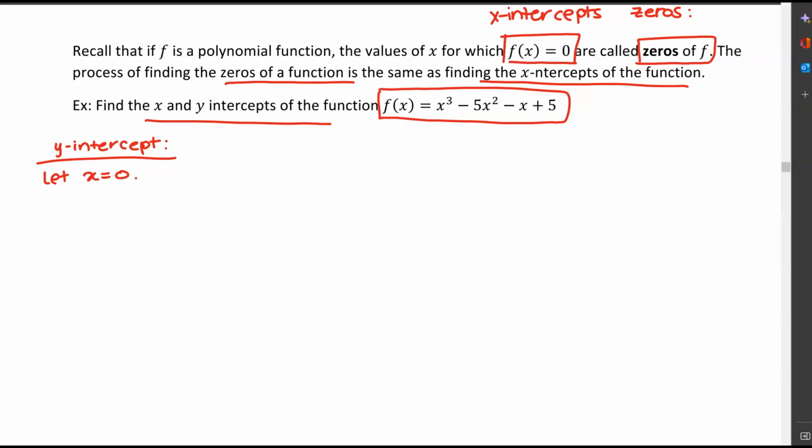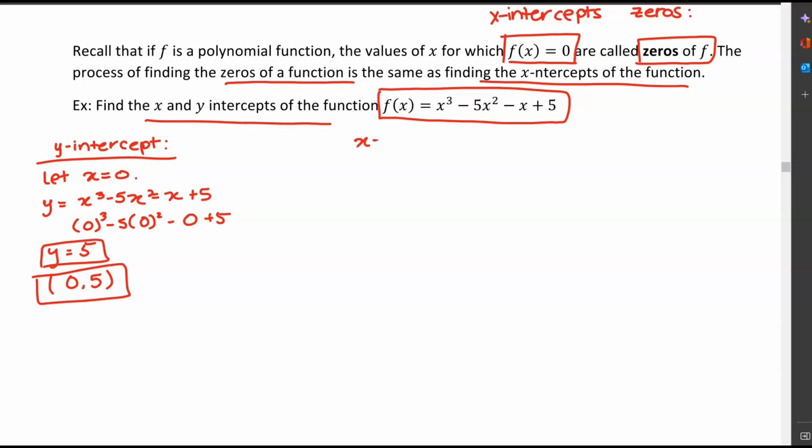So if we plug that in, we swap the f of x for the y, and then plug in 0, so we'd have 0 cubed minus 5 times 0 squared minus 0 plus 5. So we can see that the y-intercept is 5. But we'd write this as a coordinate as (0, 5).